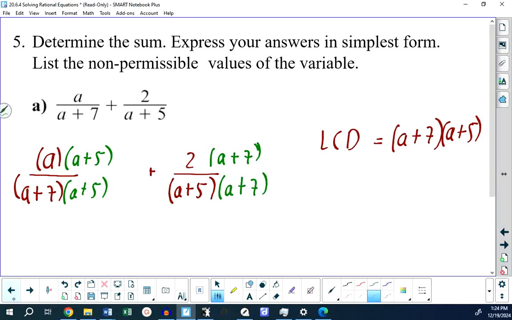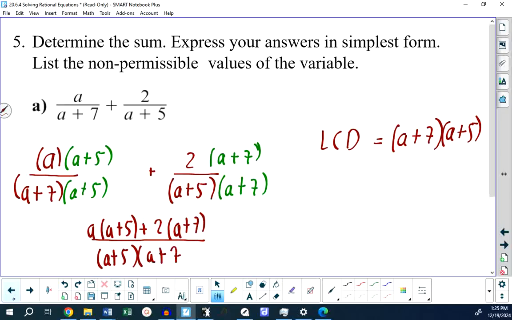And you would get a times a plus 5 plus 2 times a plus 7 over a plus 5, a plus 7. You with me? But notice that this thing has a denominator. It has a denominator because the original expression has a denominator. We're finding a lowest common denominator when we're adding and subtracting rational expressions to get a common denominator in the result.